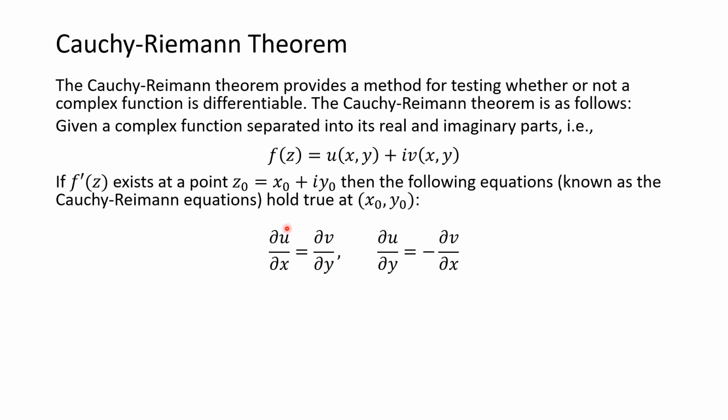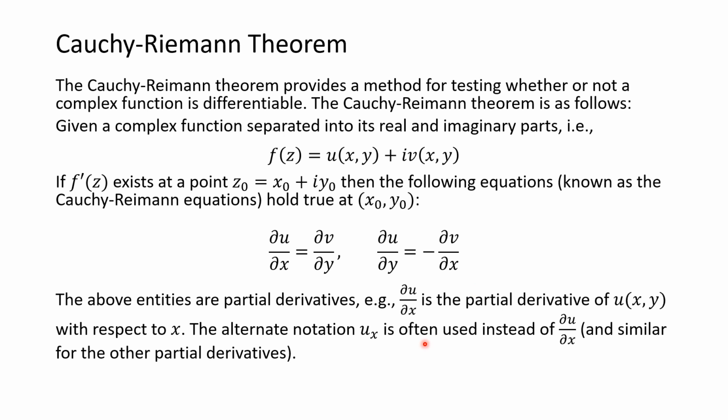Just as a refresher, the partial derivative is when you have a function like we have here, u of x y. If we take the partial with respect to x, we treat y as a constant, and then we just take the derivative with respect to x. And similarly for these other three partial derivatives.